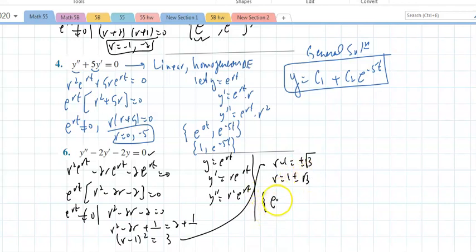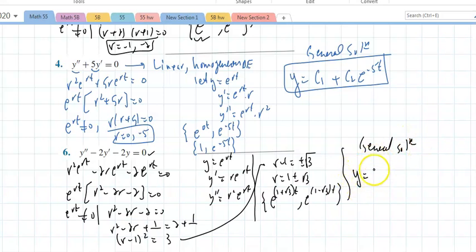So e to the 1 plus radical 3 t and e to the 1 minus radical 3 t will form the solution set, and the general solution would simply be y equal c1 e to the 1 plus radical 3 t plus c2 e to the 1 minus radical 3 t. That would be the general solution.